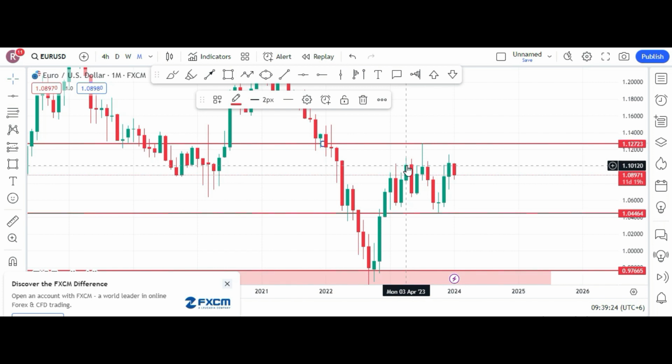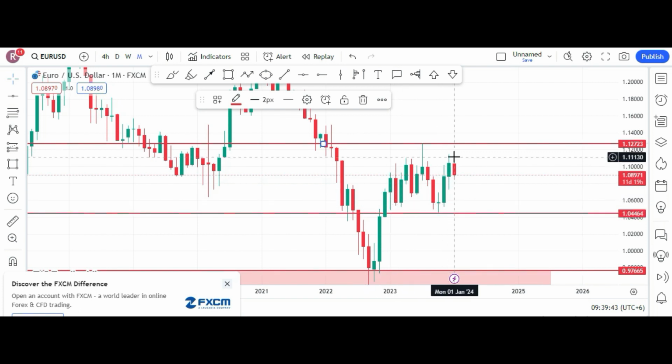From, if you guys can see, the first double top has been created from this green and red and this green and red, and pushed the price back. And again this double bottom has been created by this red and green, okay, and pushed the price again bullish.